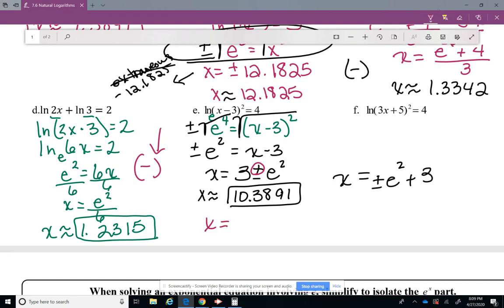X is negative 4.3891. That is extraneous, right? Because we said that x cannot be a negative number. All right, last problem.